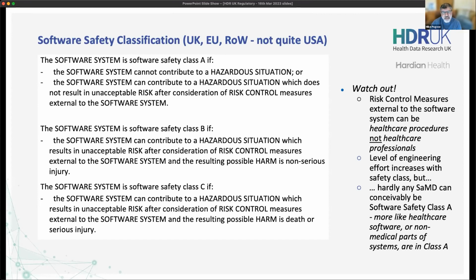That's a healthcare procedure outside of the software, which mitigates the risk of the software being wrong. Note that says healthcare procedure, not professional, because someone who's reading the output of the software might be biased with automation bias, and you just do what the software says. But what we're saying is there needs to be some sort of independent procedure to mitigate the risk.